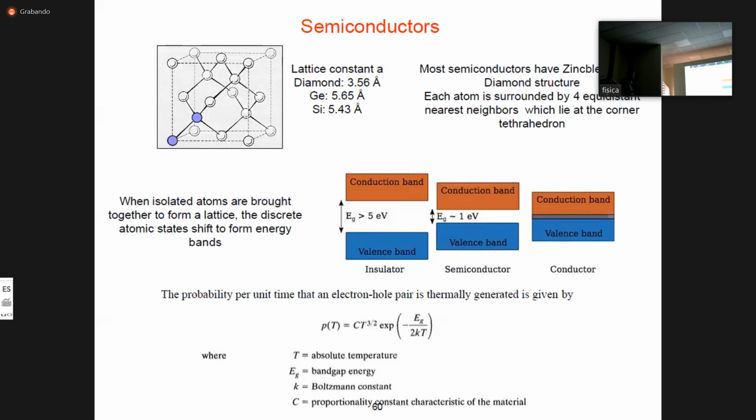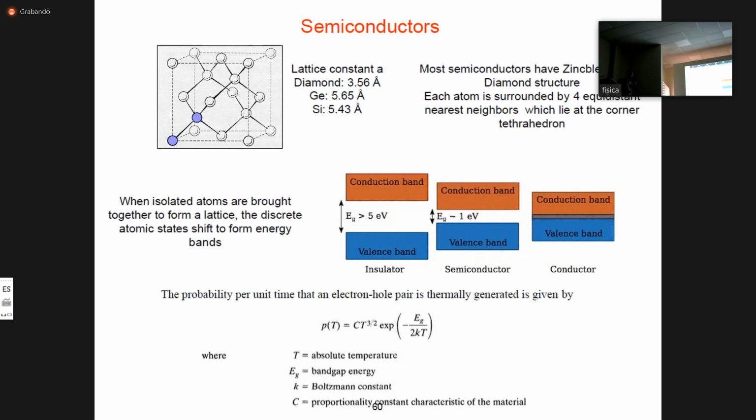The main difference, you can hear three types of materials: conductor, semiconductor, and insulator. And the main difference between all three types of materials is actually the width of this band gap.